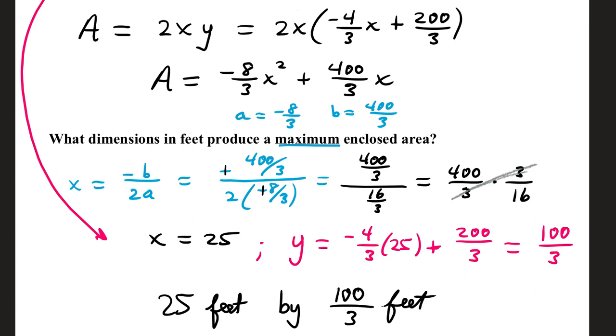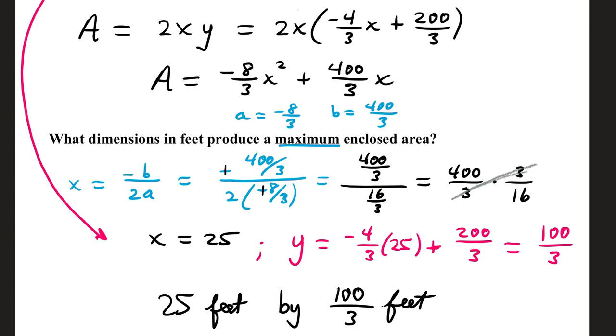So for X, because that's our independent variable, we start with negative b over 2a. That's negative 400 thirds as your numerator over 2 times negative 8 thirds in the denominator. The two negatives will make a positive. In the numerator, we have 400 thirds, and in the denominator, 16 thirds.